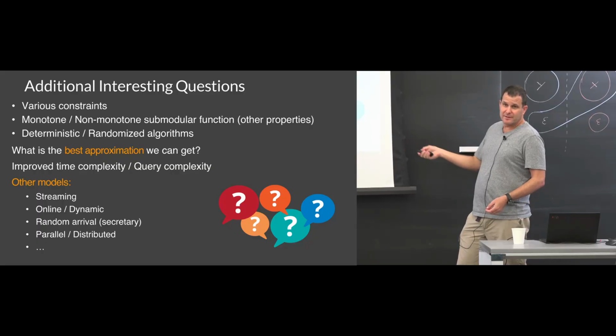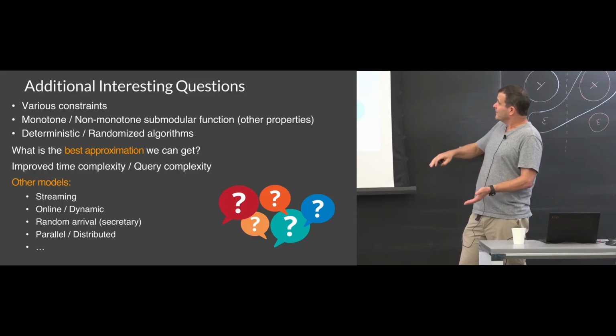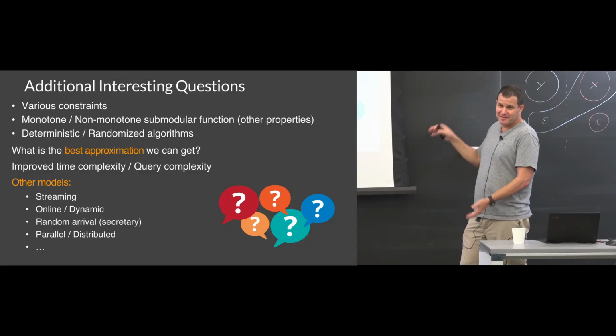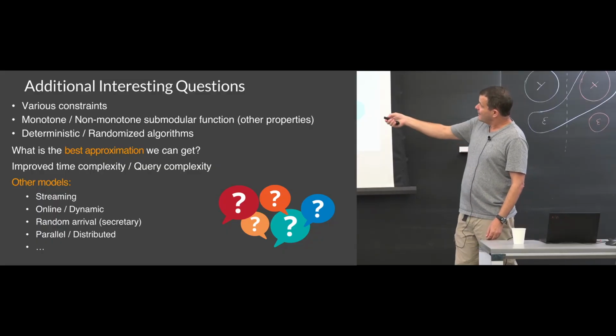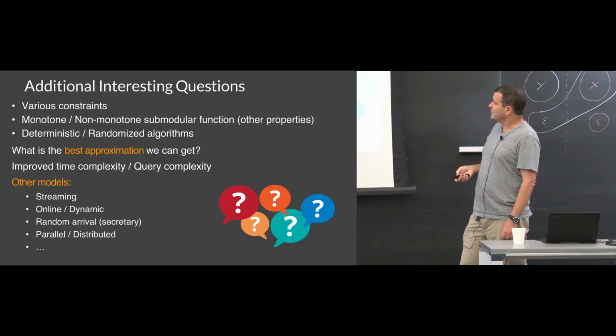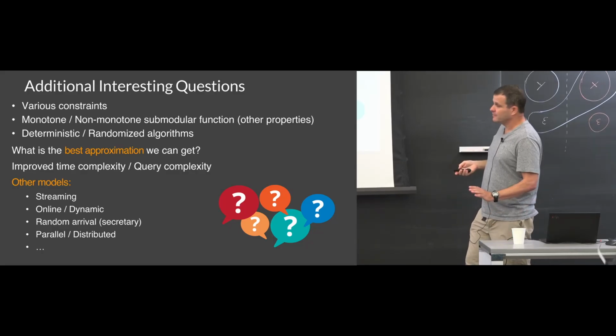Random arrival, secretary type, parallel, distributed, so any model. There are plenty of questions here and plenty of interesting research. This is a very active field. Again, the basic question is what approximation you can have.